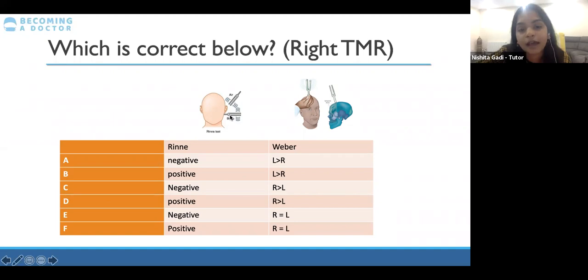So that's why it'll be Rinne's test negative, because it'll be louder when the tuning fork is placed on the mastoid compared to when the tuning fork is right in front of the ear. So that's why the answer is C. If you have any questions or require further clarification, please do post in the chat.